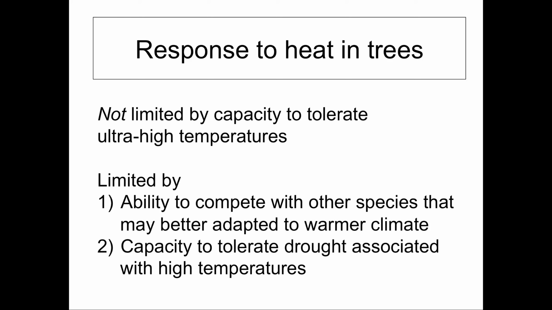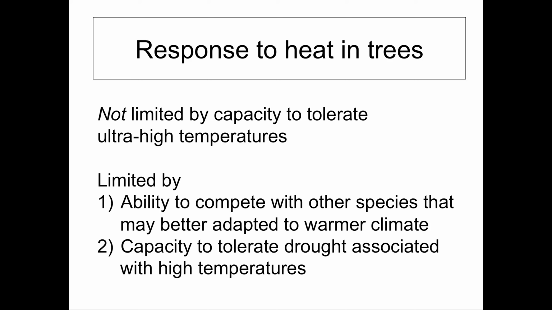So for the most part, trees aren't dealing with super high temperatures. What they are dealing with is this range of temperatures, and so response to heat in trees and how they interact with others really has to do with the ability to compete with each other, and those that may be better adapted to warmer climates win out in this kind of competition.